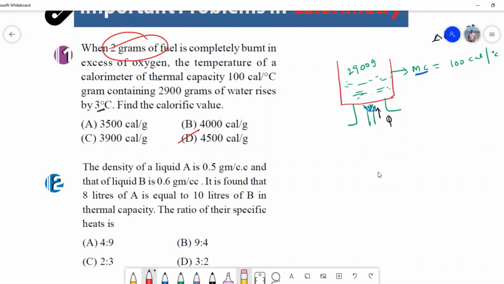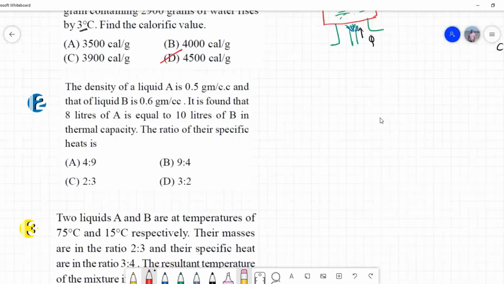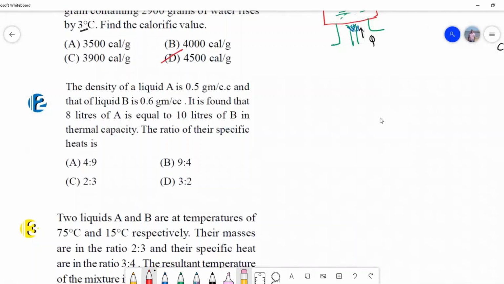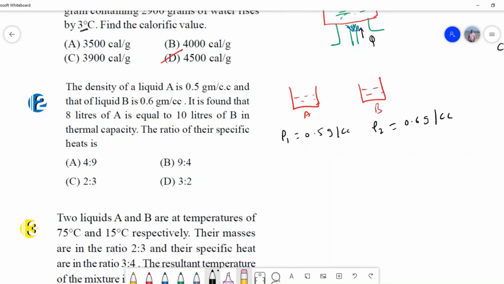Now let's move on to problem number 2. The density of a liquid A is 0.5 gram per cc. So again I say, always draw the diagrams. There is a liquid A and there is a liquid B. Here the density of A is given as 0.5 gram per cc, whereas the density of B is given as 0.6 gram per cc.